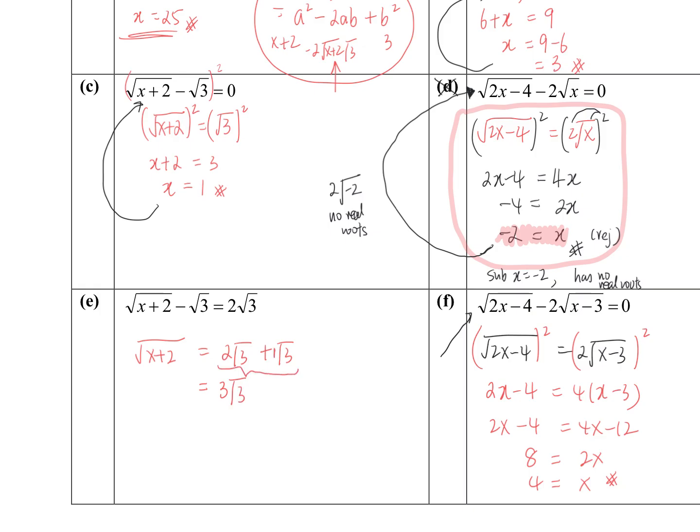So 2 of root 3 and 1 of root 3 is 3 of root 3. You simplify first, and then you square both sides.